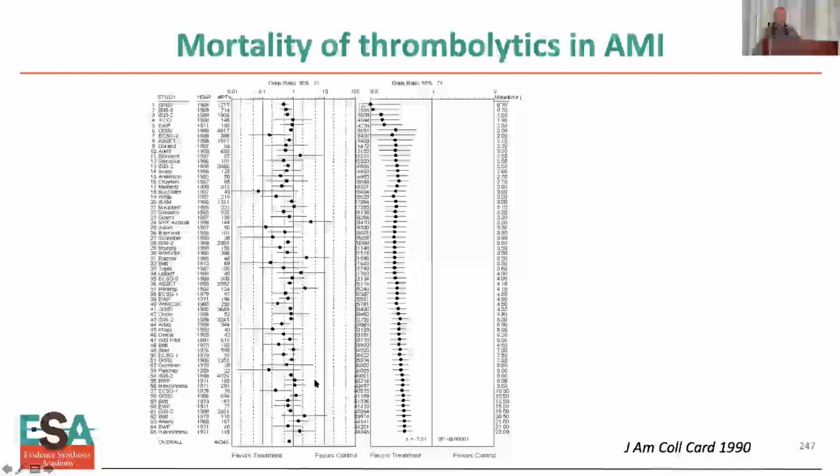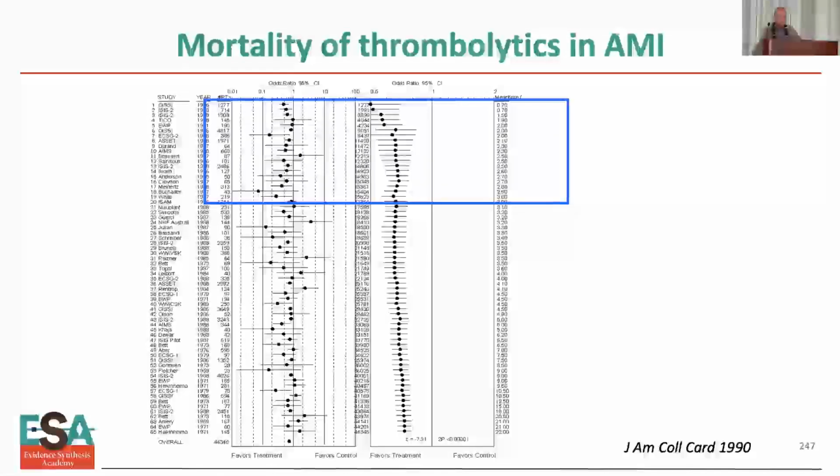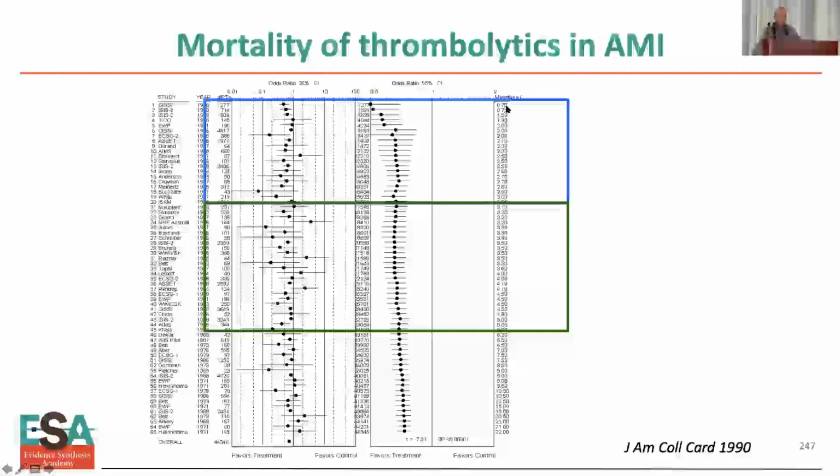Now, what's causing that? If I look at those studies and I compare them to those studies, here's what we call a variable or a covariate. This is the mean time to treatment. So this is 0.7, and this goes down to 3, and this goes from 3 to 5. So in these studies, everybody was treated within 3 hours of their heart attack starting.